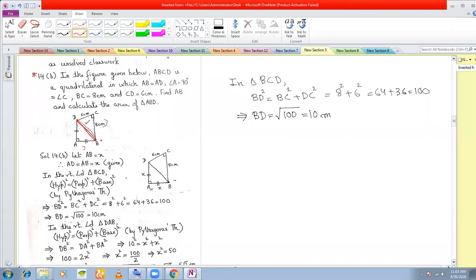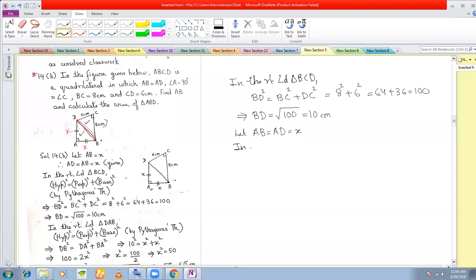AB. So I say let AB equal to AD equal to x. Okay. Let me write right angle triangle since I'm doing Pythagoras theorem here. Again, we now consider this right angle triangle.